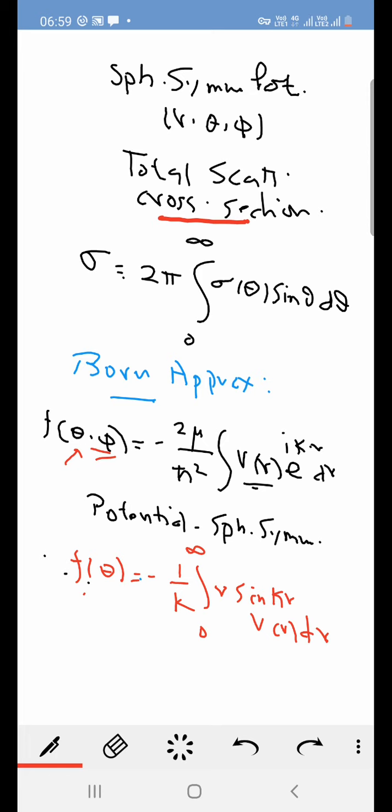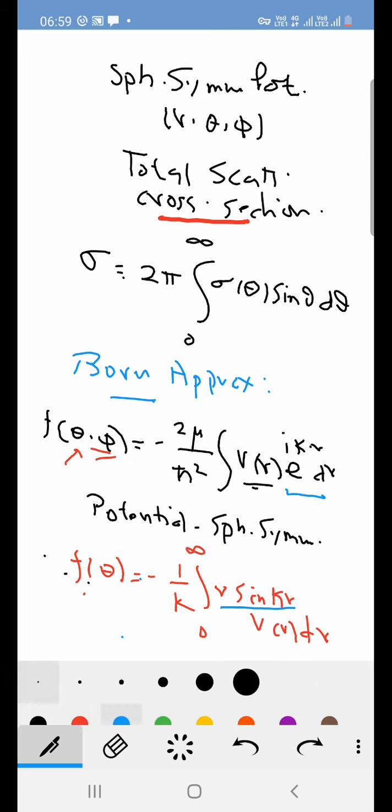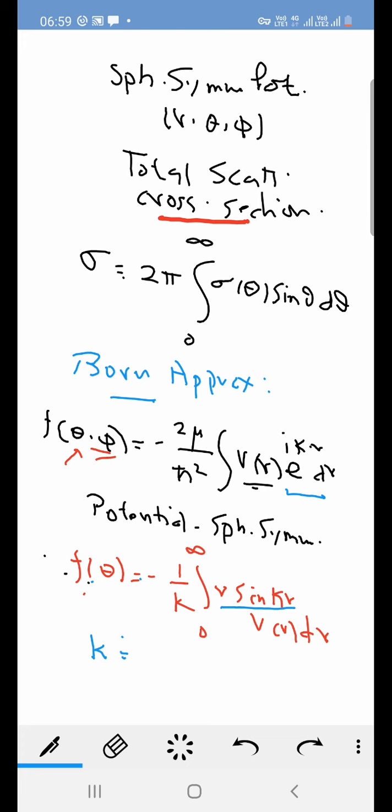We can see a slight point over here. Instead of e to the power ikr, we have now written r sine kr, and the constant outside the integration has also changed. It is minus 1 by k, where k here is the propagation constant, and we have used a capital K. This is not the small k.